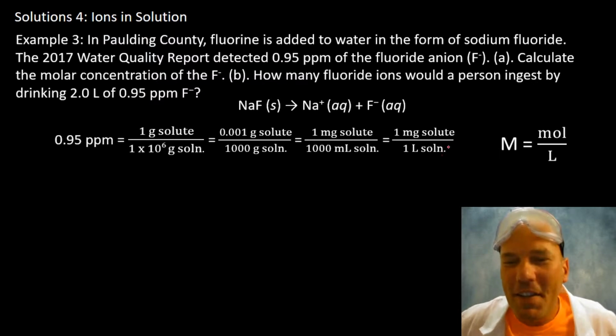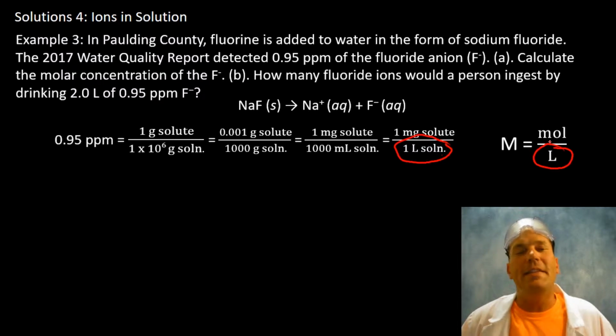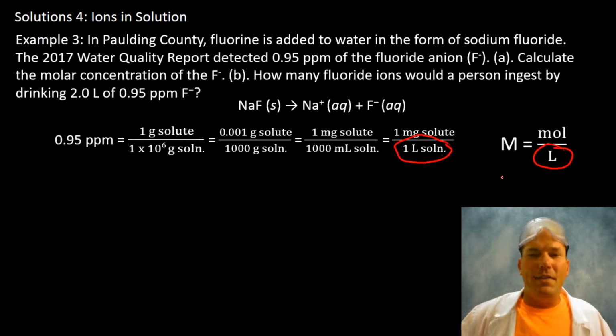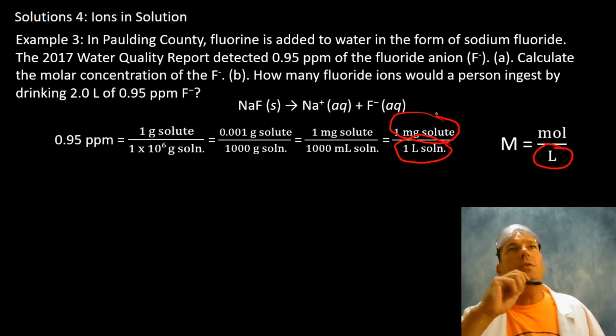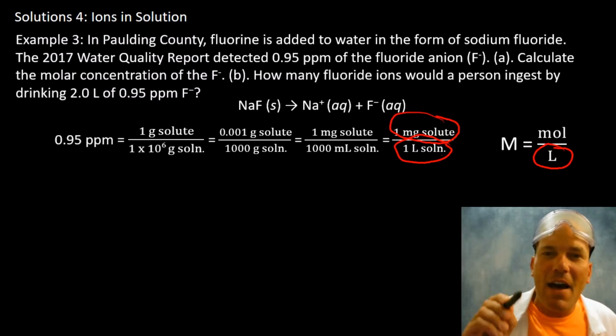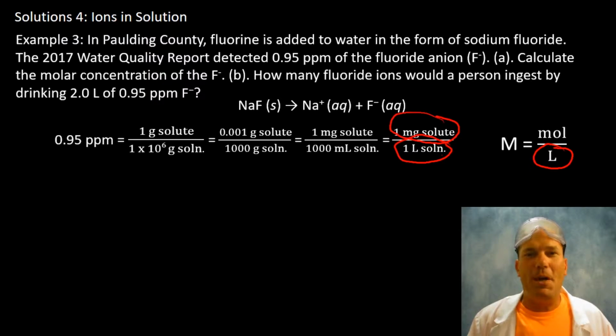All of a sudden, guys, aren't we heading in the right direction here at least? We have volume in liters in the denominator. Weight in the numerator, we have mass. And we know something called molar mass. So now I hope you're seeing the light at the end of the tunnel on this problem.